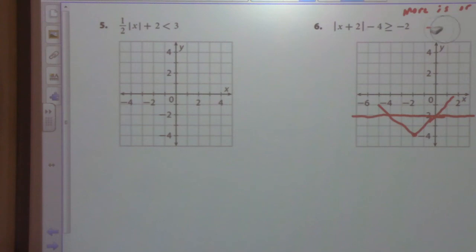What is it going to be? It's going to be x is greater than or equal to 0, or x is less than or equal to -4. And if we go ahead and make this into an interval notation, we go like this.